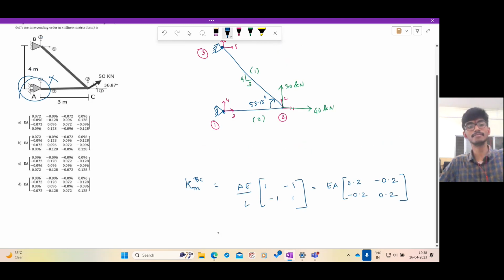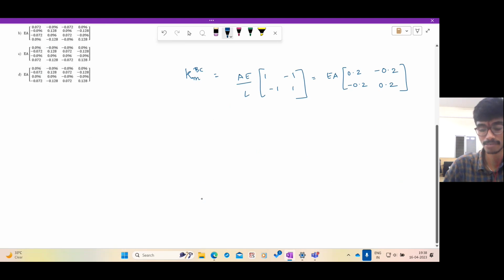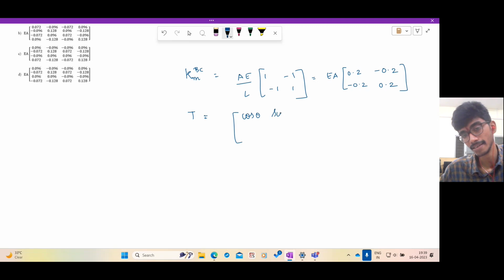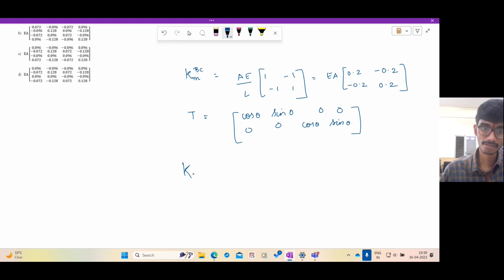Now transform this stiffness matrix in the local coordinate system to the global coordinate system. What is the transformation matrix, if you remember? The transformation matrix is simple. We have cos theta, sin theta, 0, 0, and 0, 0, cos theta, sin theta. And what is KBC global?